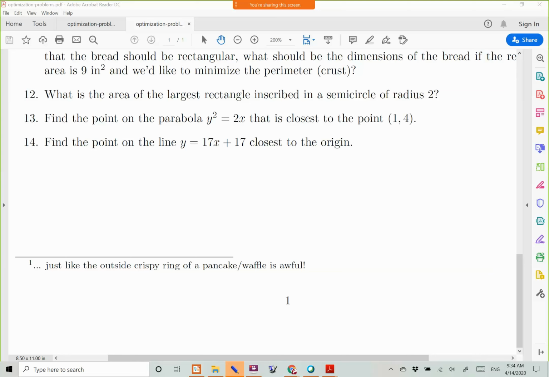So you can solve for y in this, which looks painful because y equals plus or minus square root of 2x, or perhaps solve for x instead, meaning your variable in the end is y instead of x. Does that help?